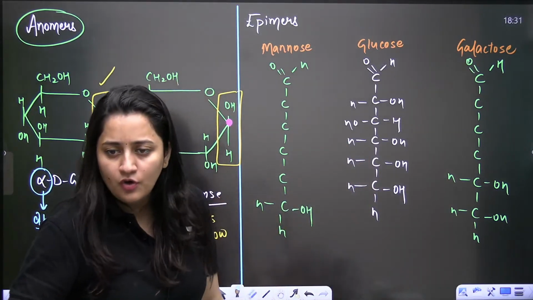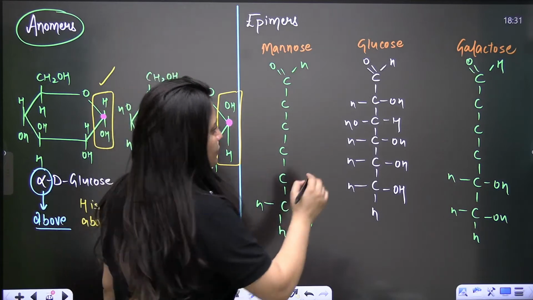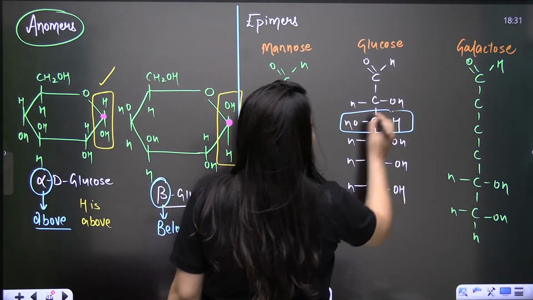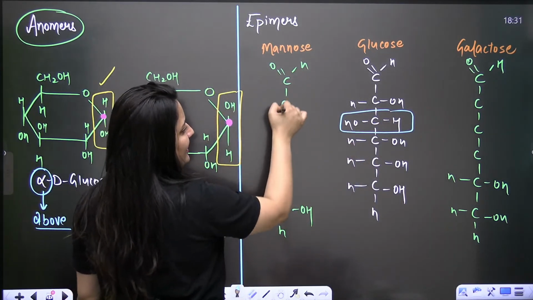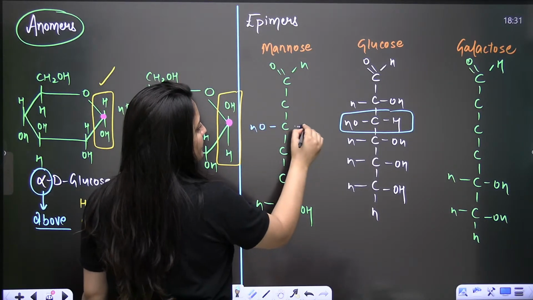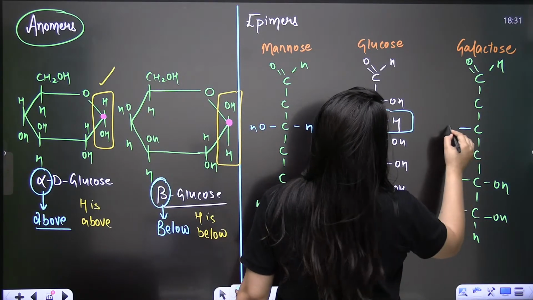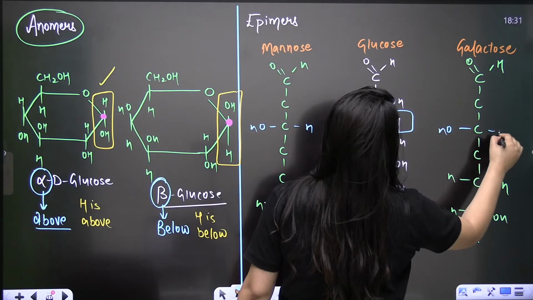So now you know that in glucose, at this third carbon, your OH will be like this.